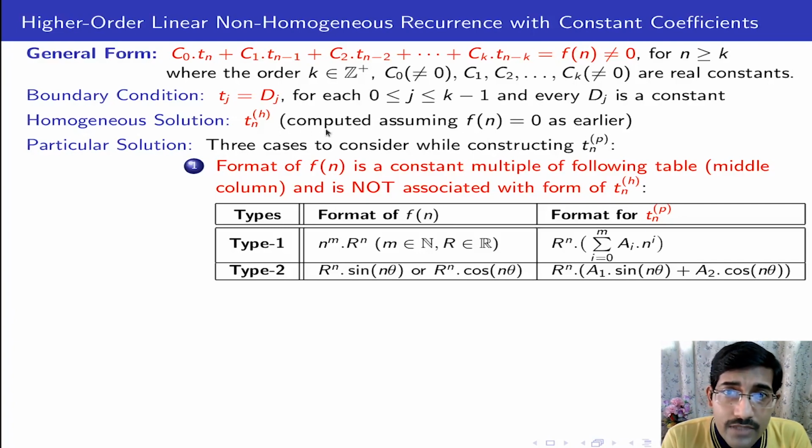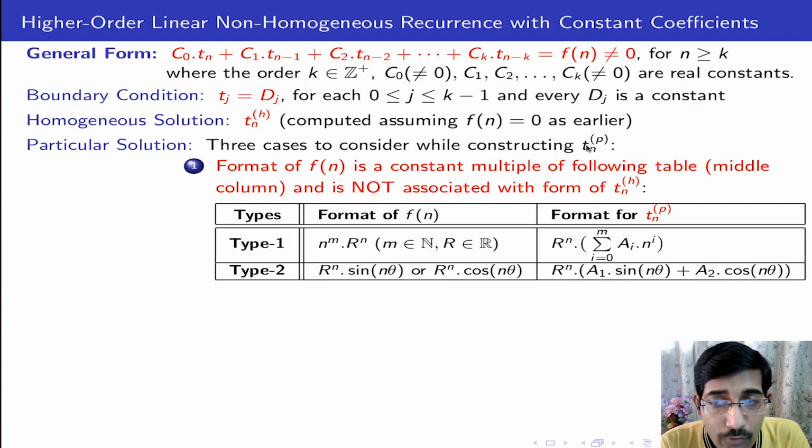But if such a solution exists inside the homogeneous solution part, then we changed it using n into b to the power n or n square into b to the power n. Now we will see the generic rule we follow for such a change.